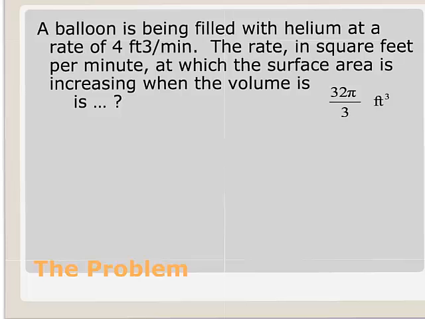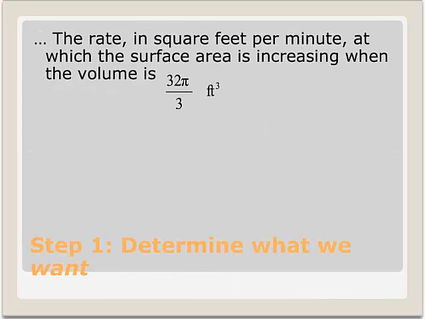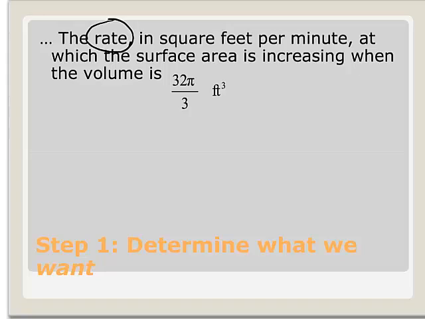So we're going to be dealing with two things here: the volume of this balloon and the surface area of this balloon. The first thing we always try to do is to determine what it is that we want. And so if we recall, we are being directly told to find the rate in square feet per minute at which the surface area is increasing.